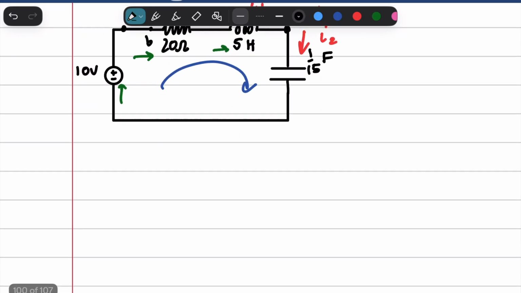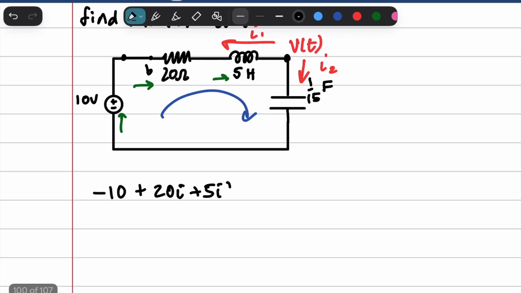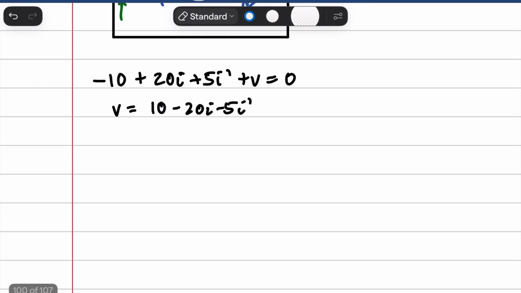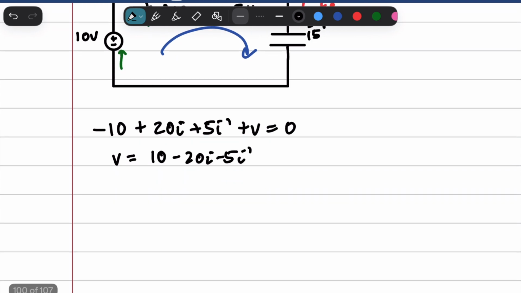And we're going to get negative 10 plus 20i plus 5i prime, because we're basically taking half of the loop analysis because it's just easier. Plus v is equal to 0 because this is v right here, and we called it v. So we're going to get everything in terms of v: 10 minus 20i minus 5i prime.